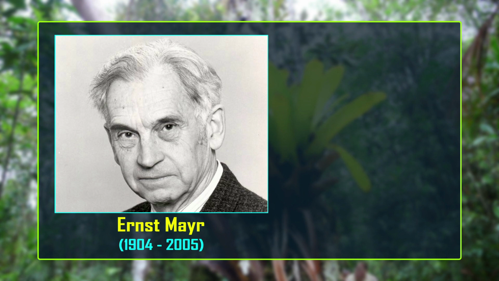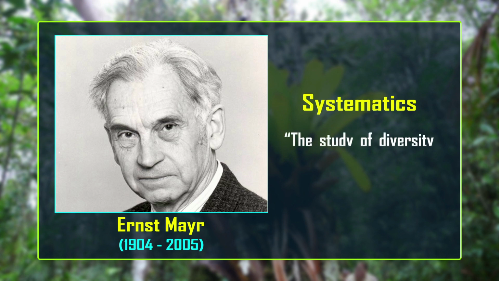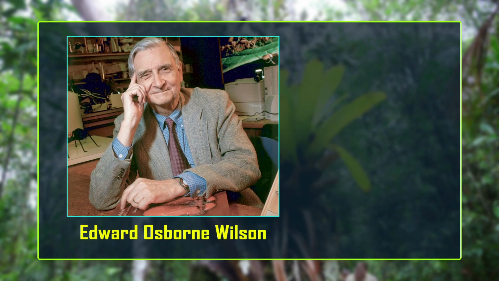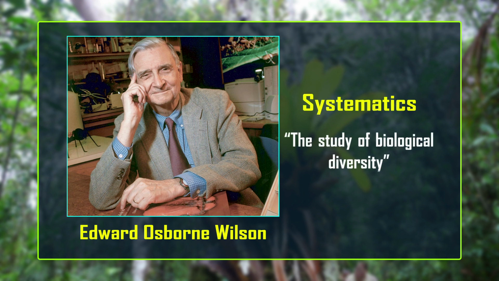Later on, much simpler definitions were given by Mayr in 1969, who defined systematics as the study of diversity of organisms, and Wilson in 1985, who simply defined systematics as the study of biological diversity.